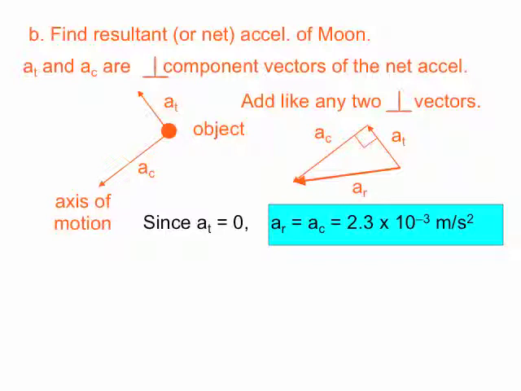We know that tangential acceleration for the moon is 0. It's not drifting off away from us. It's staying in its orbit. So there is no tangential acceleration. Therefore, the resultant equals the centripetal acceleration, which is a very minute 2.3 times 10 to the minus 3 meters per second squared.